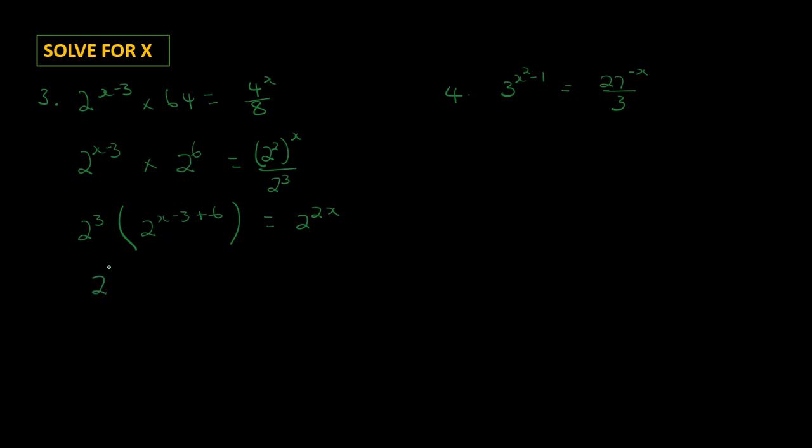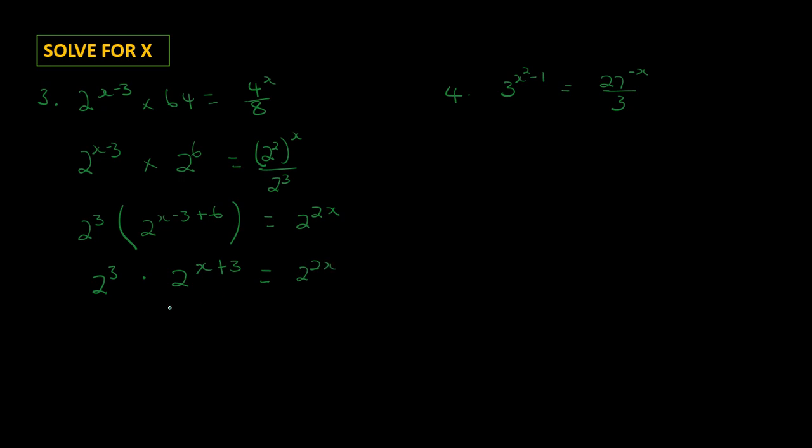Now we have 2 cubed multiplying 2 to the exponent x plus 3. That's what we get when we do minus 3 plus 6. So that is equal to 2^(2x).